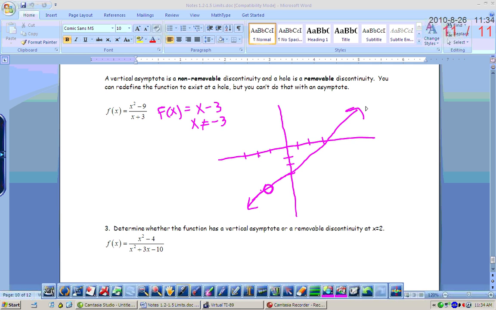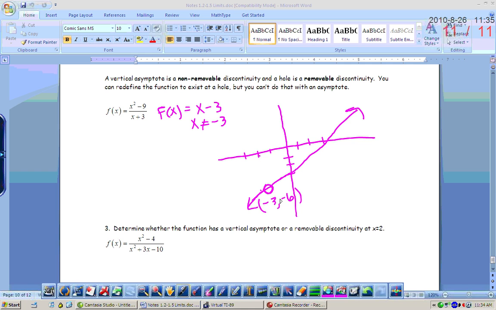Okay, there's my graph. Everybody cool with that? The hole's at -3, -6. It's kind of like they say in geometry that it's not drawn to scale.